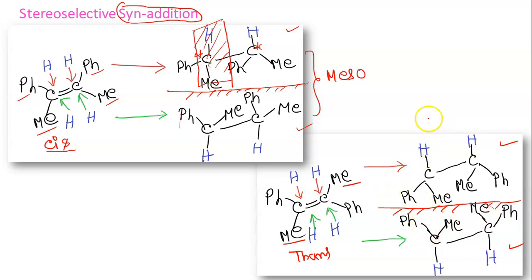So basically now we are getting a DL mixture, or we can say a DL pair. So when we started from cis, we got a meso compound. When we started from trans alkene, we got a DL pair. So it proves that the addition is syn addition. But in some cases there may be anti.